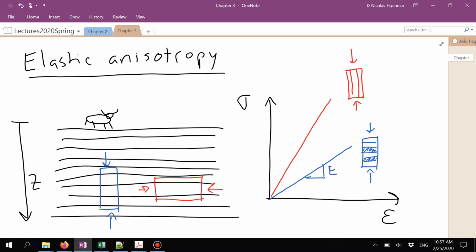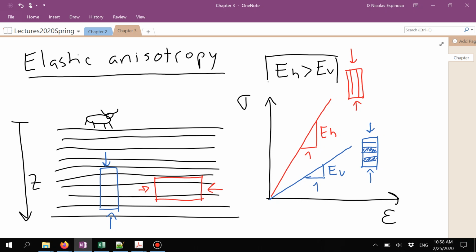So if we were to measure then the Young modulus, this would be the vertical Young modulus. And if we also do the same over here, this is going to be the horizontal Young modulus, where, as we were saying before, in general for sedimentary rocks, the horizontal Young modulus tends to be bigger than the vertical Young modulus.